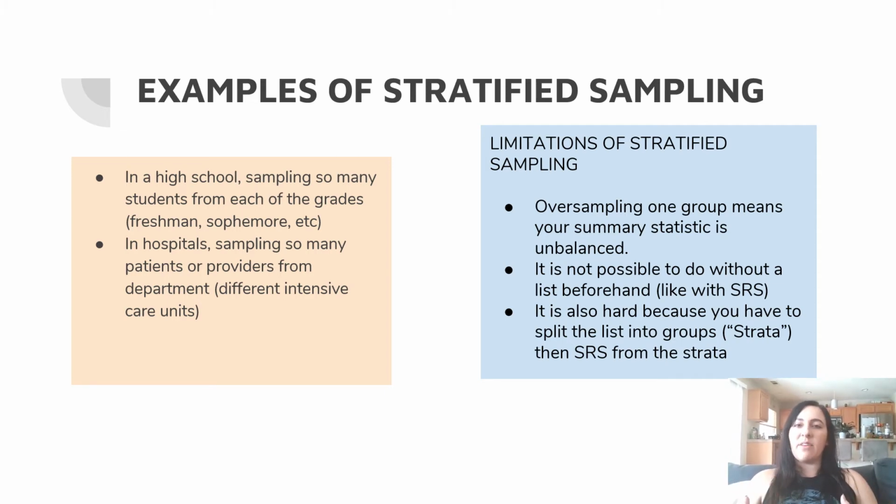You just have to be mindful of the fact that when you do stratified sampling, you're basically amplifying the power of the smaller groups, and you're making the large group less powerful, because you're equaling the playing field here. You're taking each individual category or stratum, and then you're doing simple random sampling and zooming in on that.